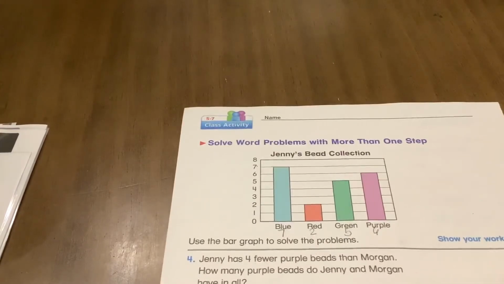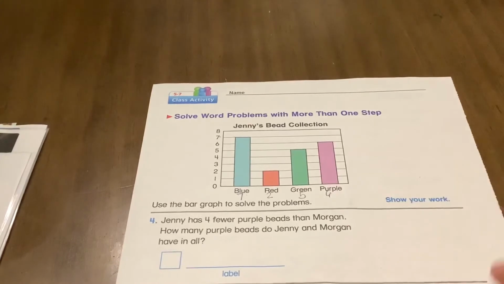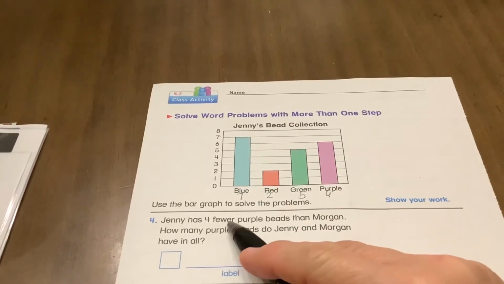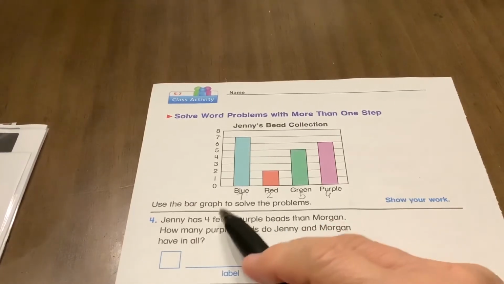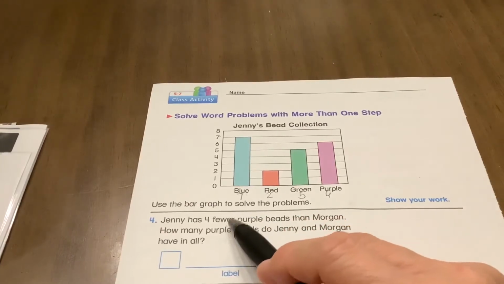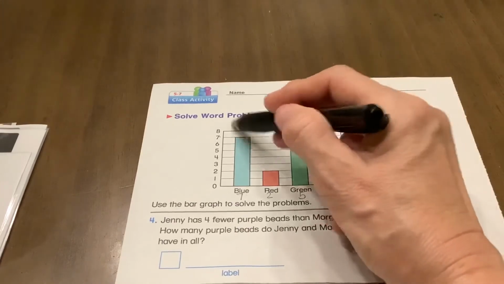All right, it says use the bar graph to solve these problems and show your work. Let's look at number 1. Jenny has 4 fewer purple beads than Morgan. That means 4 less. So Jenny has 4 less than Morgan. And remember, these are Jenny's beads.